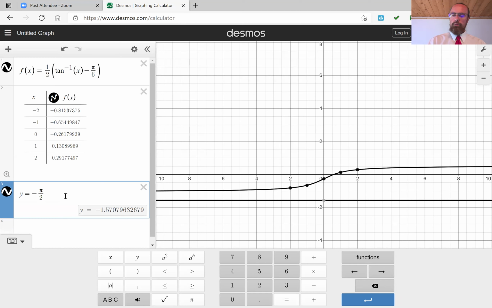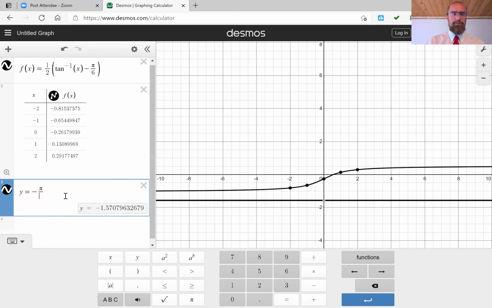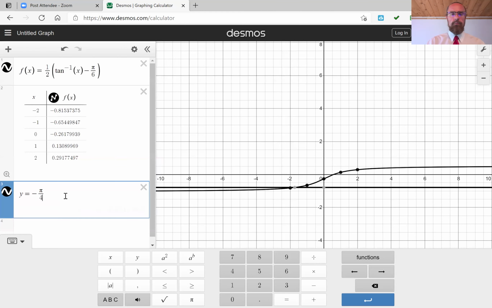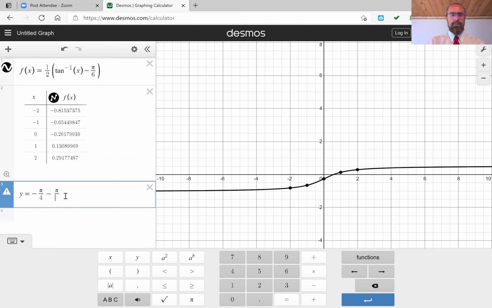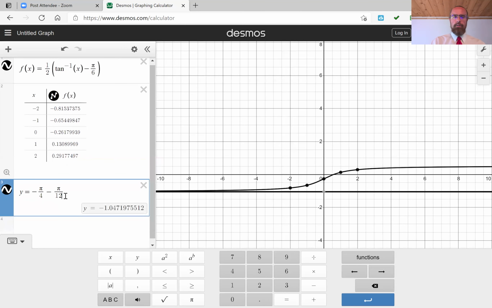So what I want to include is that scaling. So it's -pi/2. In fact, what I'm going to do is take care of the period adjustment by multiplying by half. So -pi/4 minus pi over, instead of 6, I have to multiply the denominator by 2, pi/12.